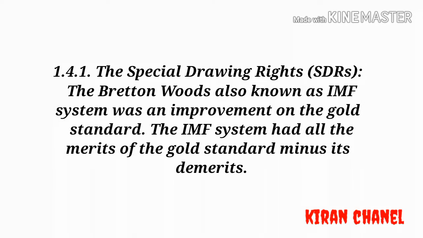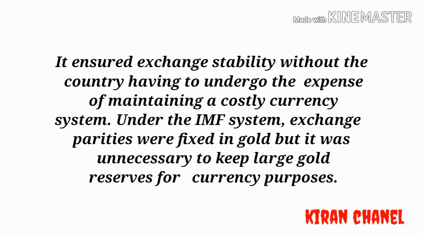1.4.1 The Special Drawing Rights (SDRs). The Bretton Woods system, also known as the IMF system, was an improvement on the gold standard. The IMF system had all the merits of the gold standard minus its demerits. It ensured exchange stability without the country having to undergo the expense of maintaining a costly currency system.